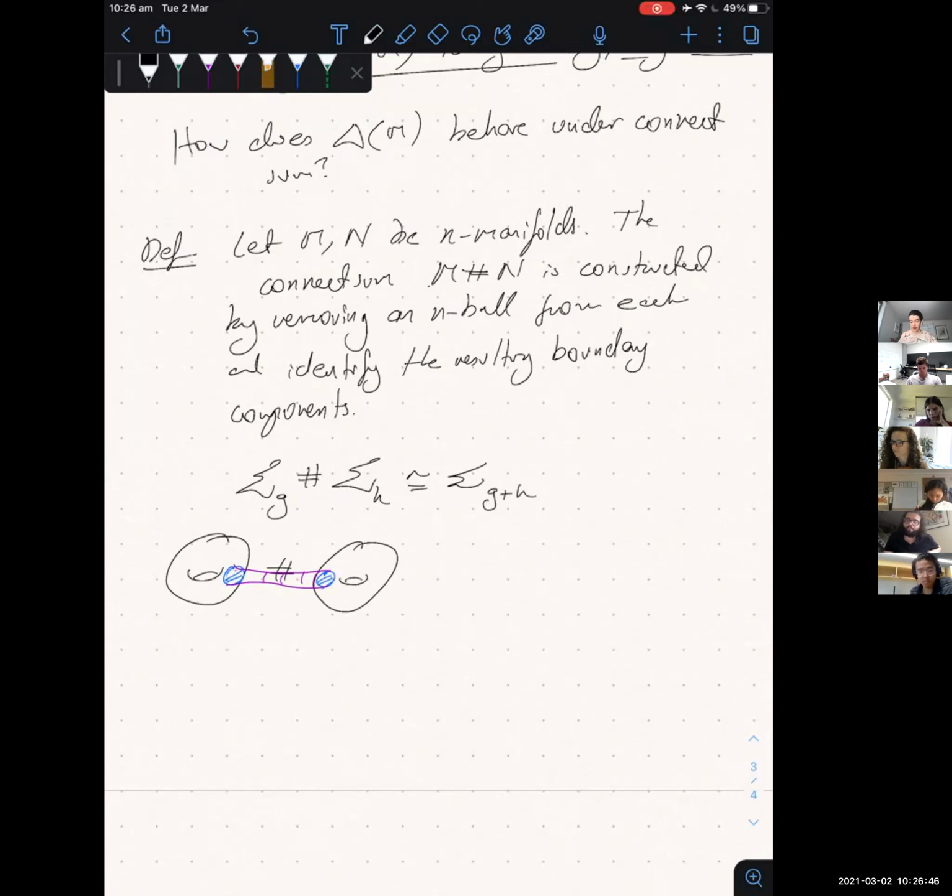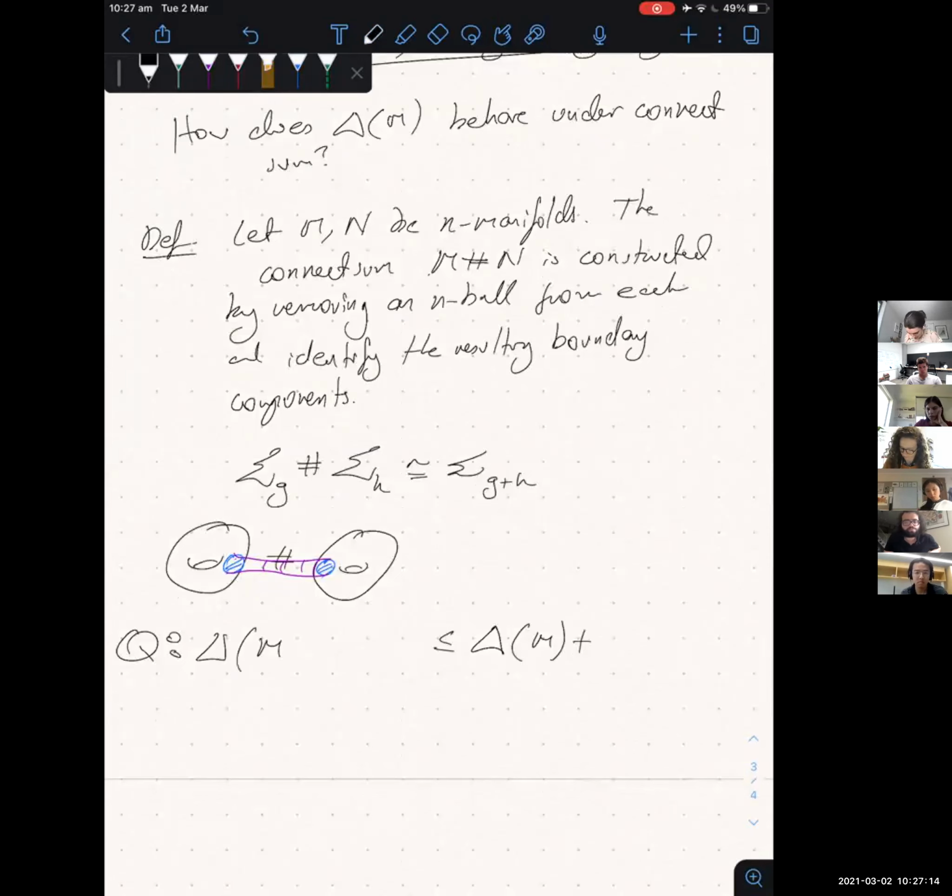So how does triangulation complexity behave under this operation? When I first thought about this, I thought for sure it would be subadditive.